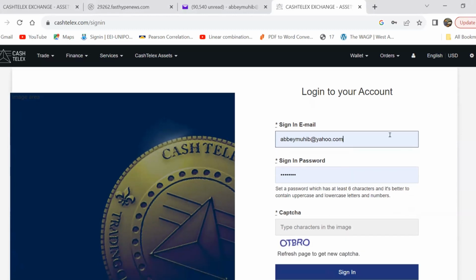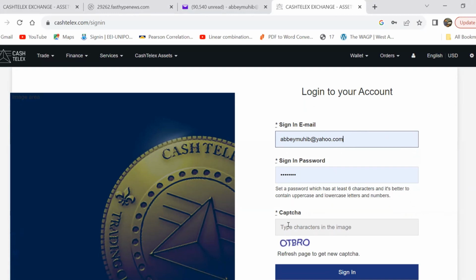My sign in email is the email everybody registered with, and this is the email I registered with to get my CashTelex exchange account. Then the password, I've already programmed my system to remember my password. That's why my password is readily available here.